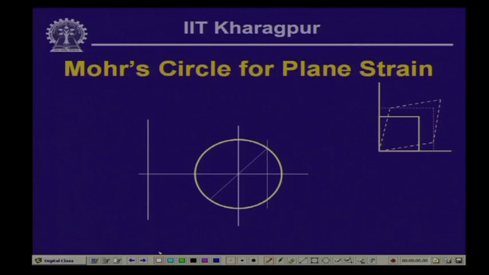Now, here let us say we have strain at a point, or this is a small element where the lengths are dx and dy, and it has undergone strain epsilon x, epsilon y and gamma xy, and from this configuration you can make out that all quantities are positive: epsilon x is positive, epsilon y is positive, and gamma xy is positive.